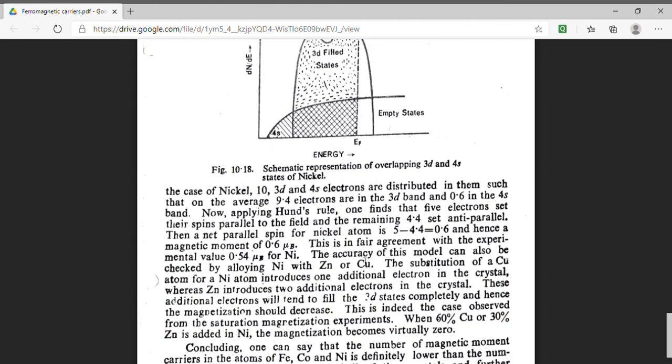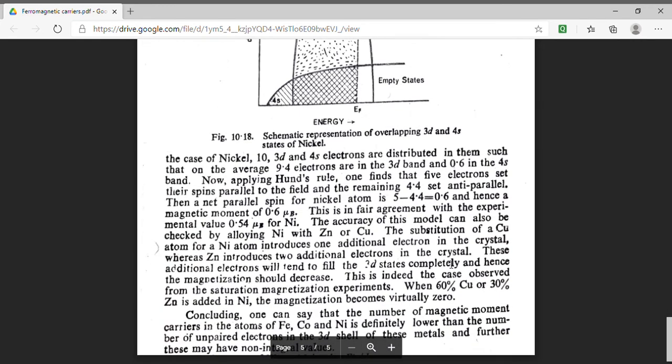If the 3d shell completely fills, then there will be no unpaired electrons, hence magnetization will decrease. It will result in a decrease in the magnetic moment. And it is clear from experiments that when we add 60% copper to nickel or 30% zinc to nickel, the magnetization becomes zero.